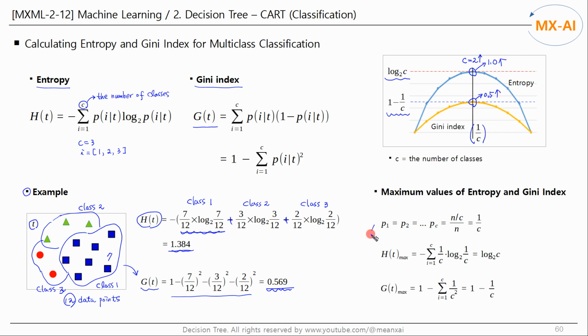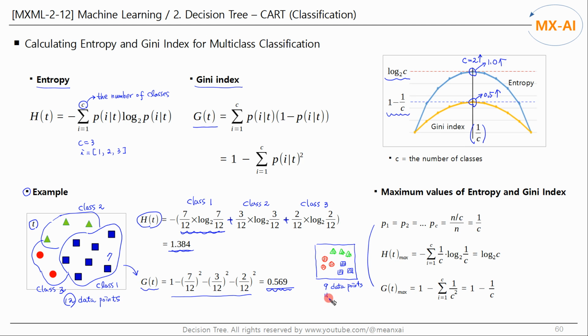Let's verify this with a simple example. Assume a node contains 9 data points, evenly distributed across 3 classes, with 3 data points in each class. Since the classes are perfectly balanced, the impurity is maximized. Therefore, both entropy and the Gini index reach their maximum values.